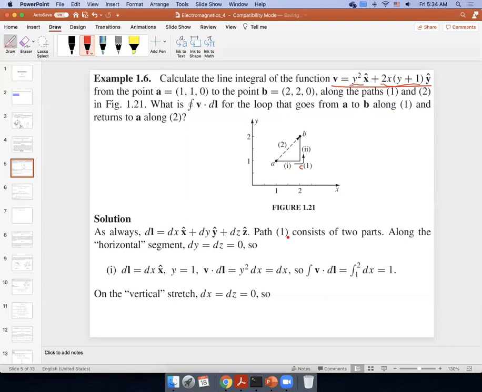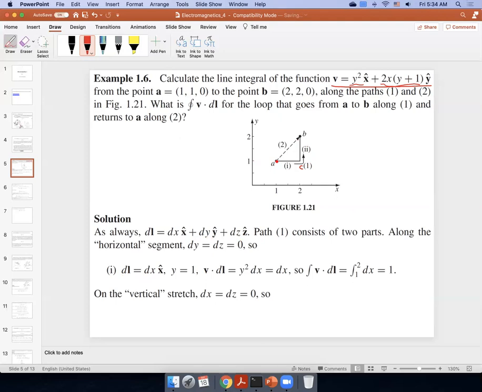And path 1 consists of 2 parts, which are I and double I. Let's first do I. For I, dl is dx in x direction plus dy plus dz in y and z directions. But in the path I, y equals 1.